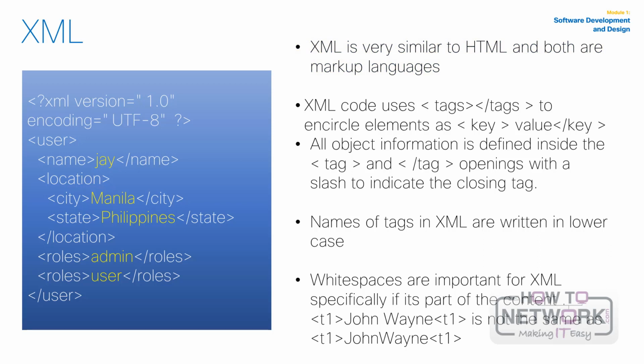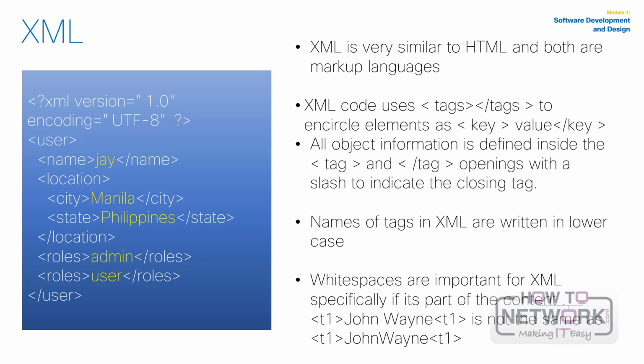For this purpose, XML code uses tags to encircle elements as key and value. All object information is defined inside the opening tag and the slash tag, with a slash to indicate the closing tag. When using tags, you need to be careful that the start and the end tags match both the name itself and the letter case.